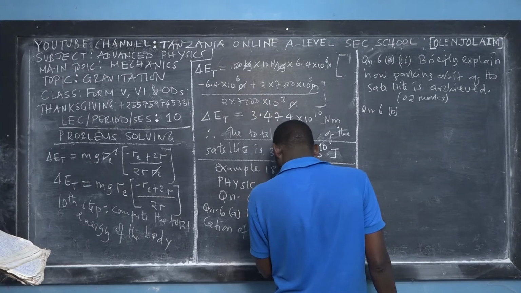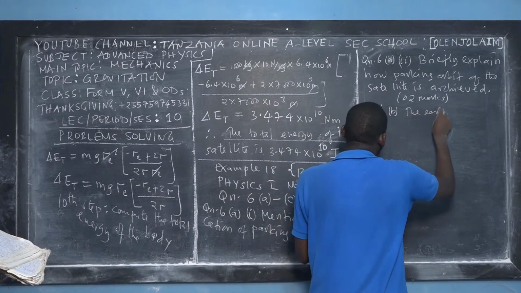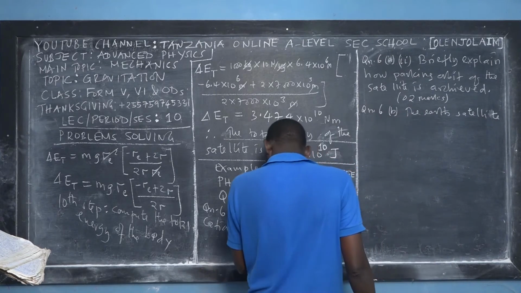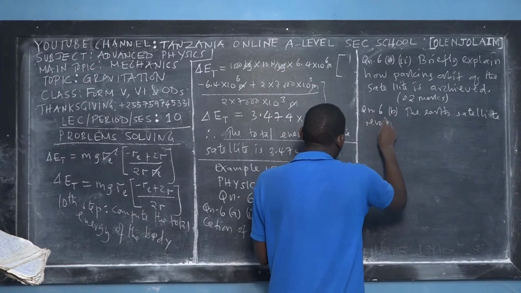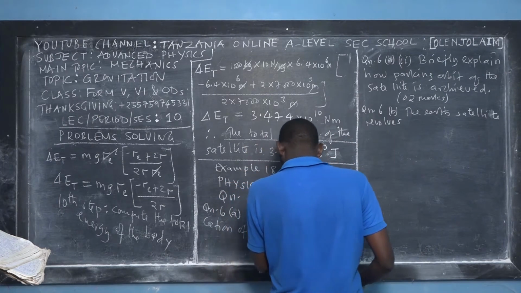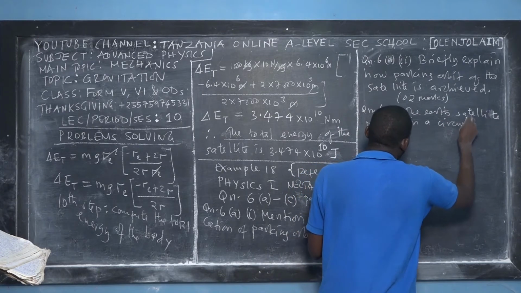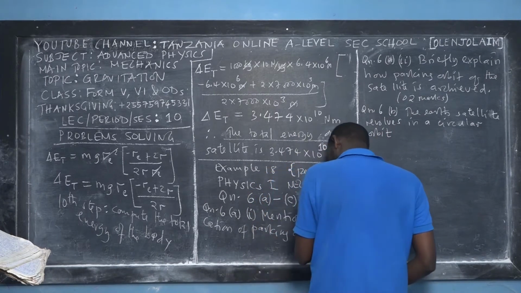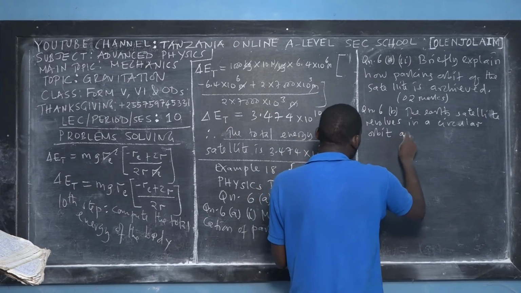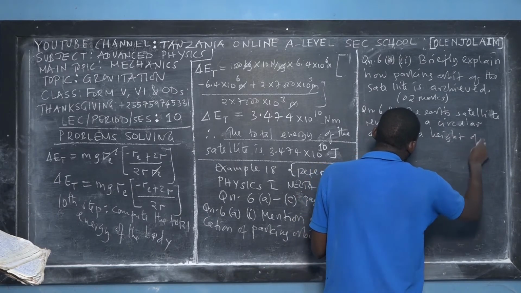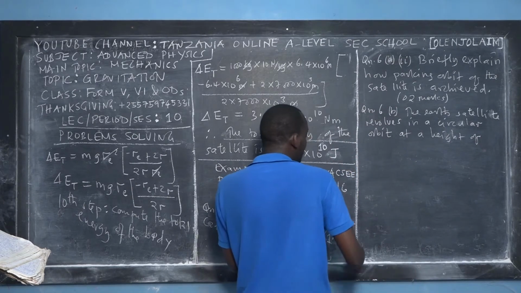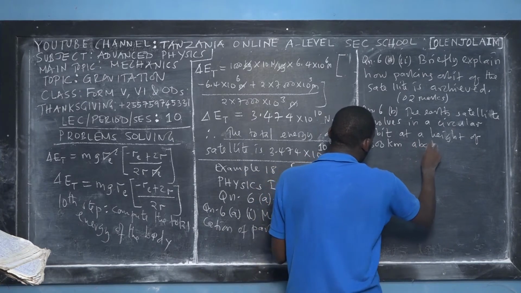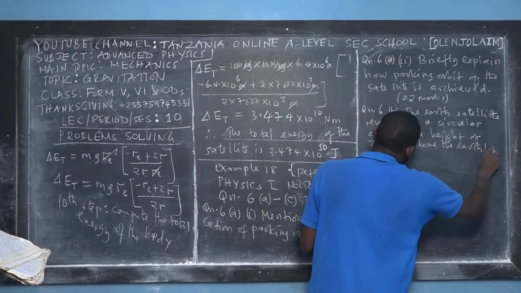A satellite revolves in a circular orbit at a height of 3,000 kilometers above the Earth's surface.